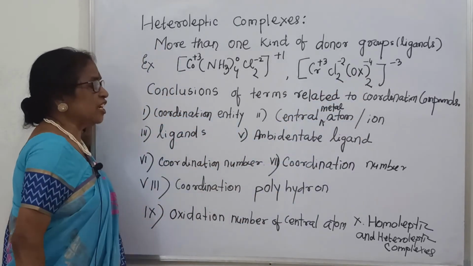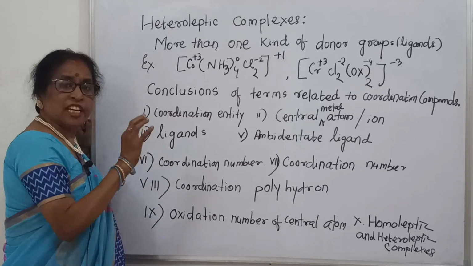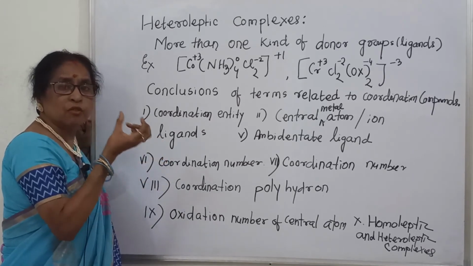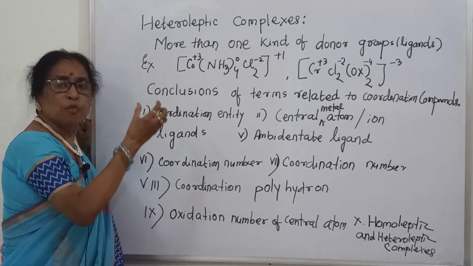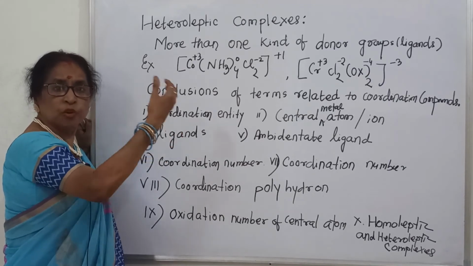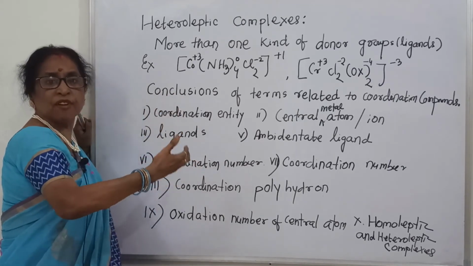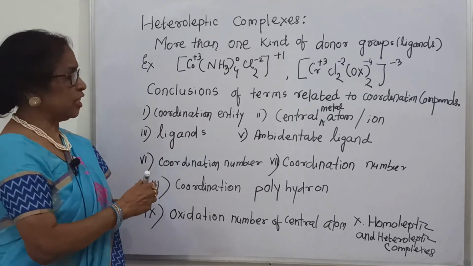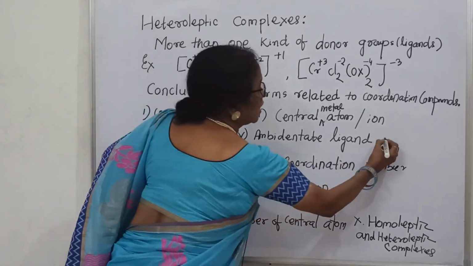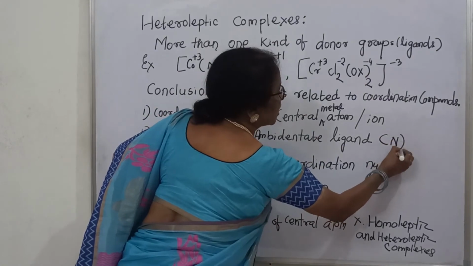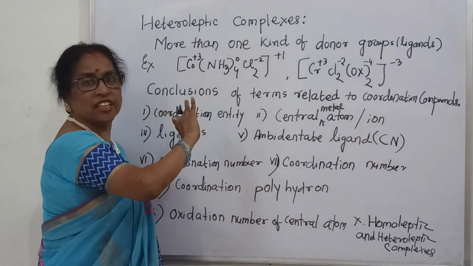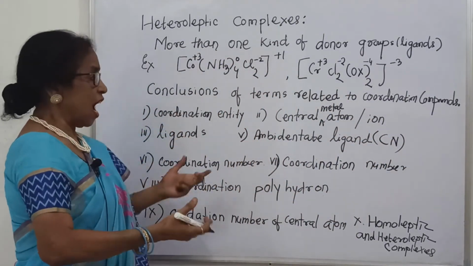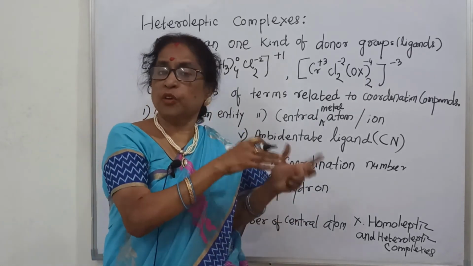Now next is the ambidentate ligand. Ambidentate ligand means a ligand where both atoms can donate, can behave as donor atom groups. Suppose CN is there, then carbon can donate an electron pair to the central metal, and nitrogen can also donate an electron pair.